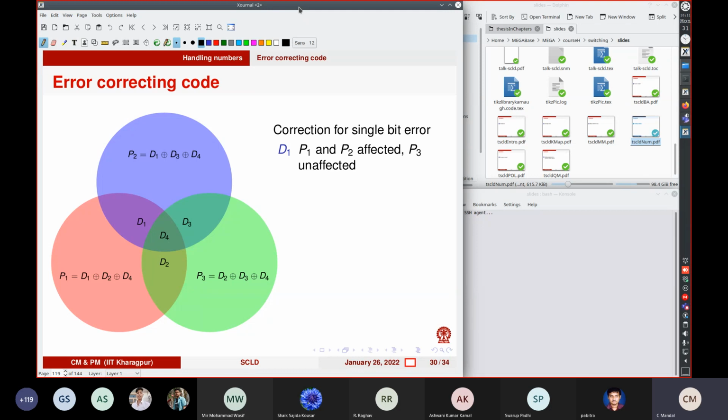So suppose only one data bit gets affected, D1.